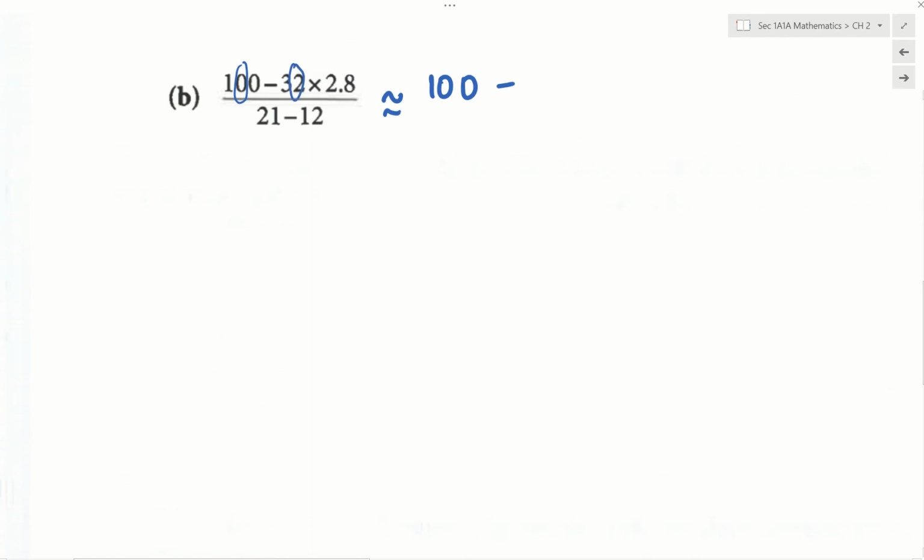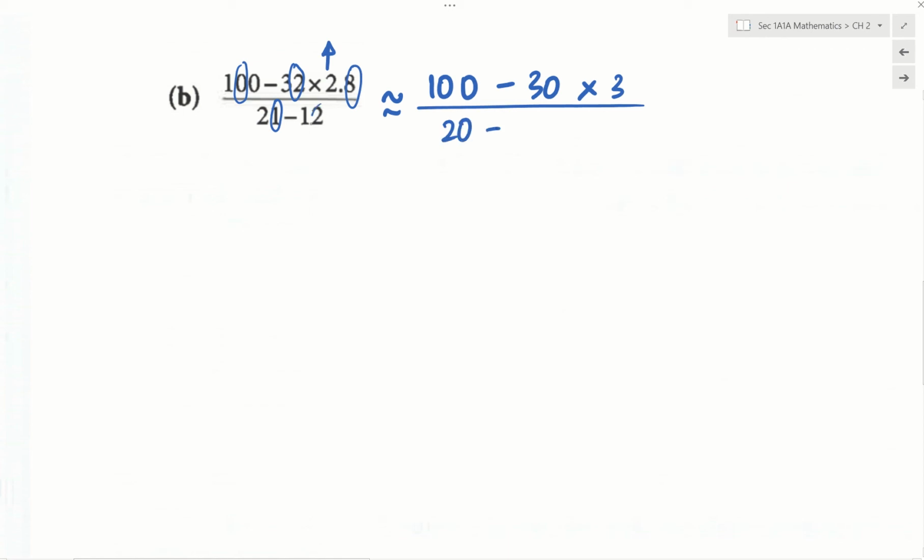Do we need to draw up arrow? No need. So what do I write? Times 2.8. What do I circle? The 8. Circle the 8. Then what do we circle? The 1. 20. Minus.